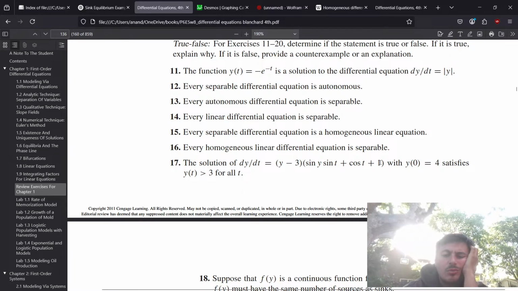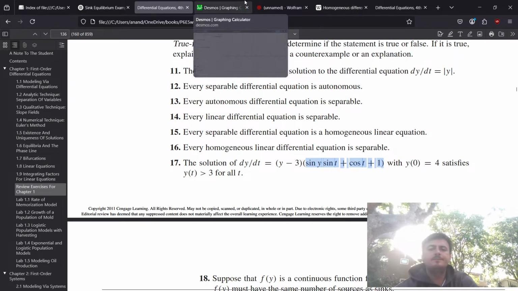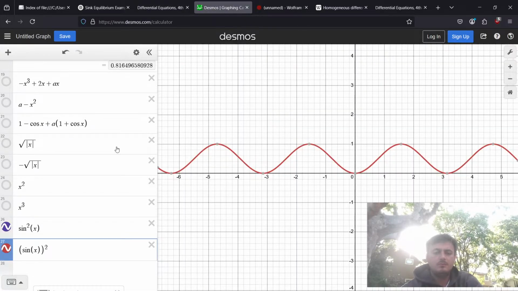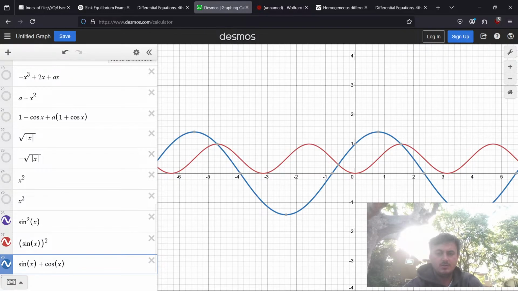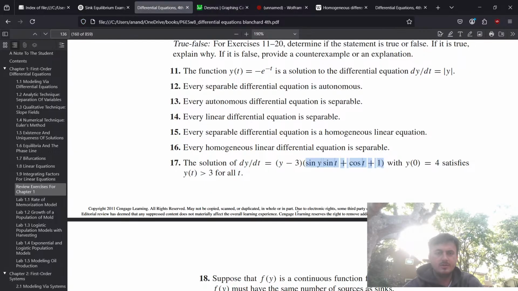But you know what? Because of this plus 1, this thing at a minimum is 0, I believe. Because I think if we did, well, I don't think this is exactly right, but if sine x plus cos x, I think we get, oh no, it's not. Okay, so maybe I'm wrong.